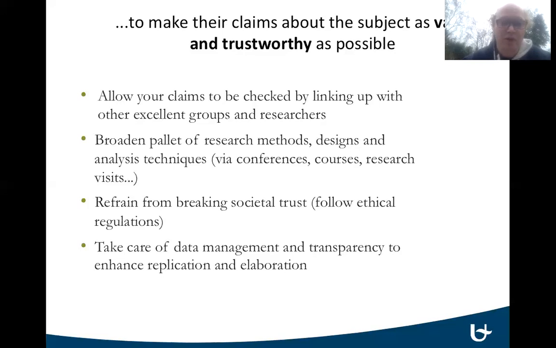Therefore, it's important to follow ethical regulations as a scientist. And this is part of the ethical part of doing research, to take care of data management and be transparent about how you collect your data, where your data is accessible in order for other researchers, for instance, to do replication research or to elaborate on your research.